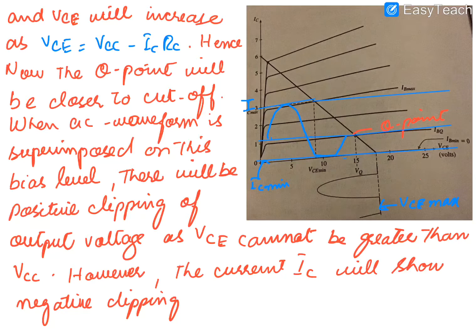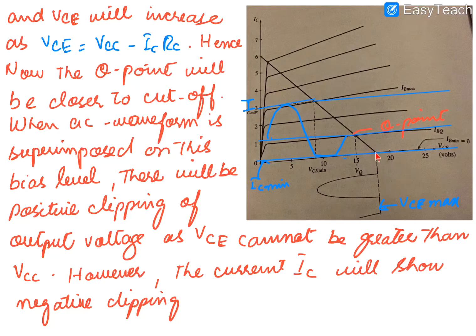So these are the minimum and maximum levels in case of voltage, and this is the minimum and the maximum level in case of current. So the current can change from this positive side to only this minimum side. IC cannot be less than 0 amperes and VCE cannot be greater than the value of VCC.